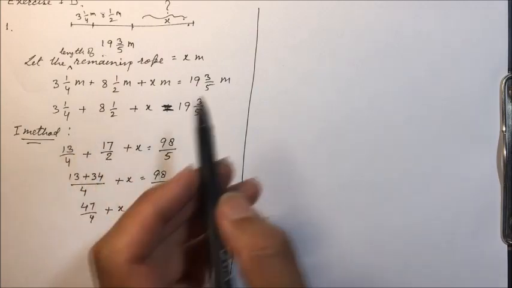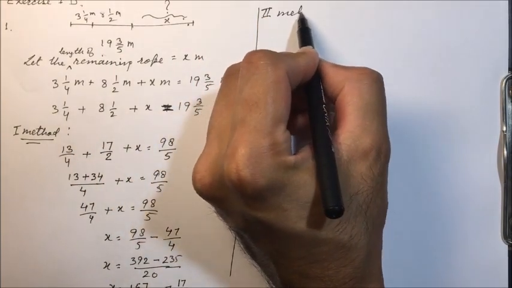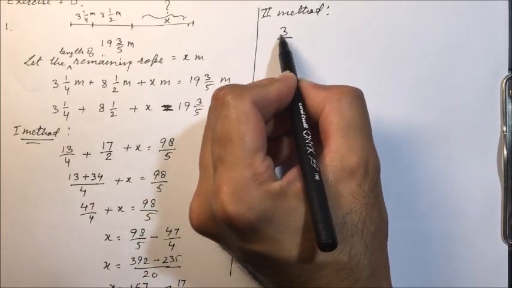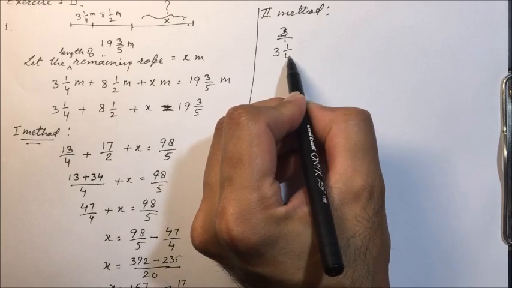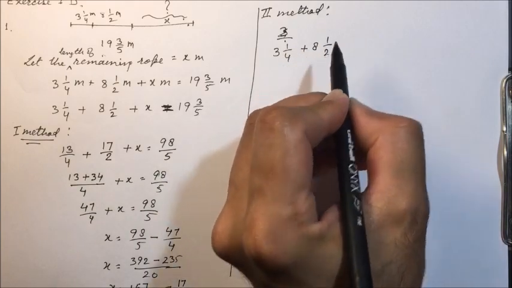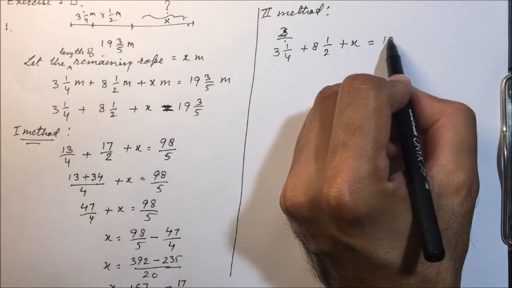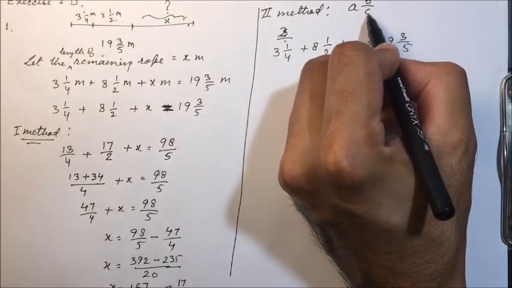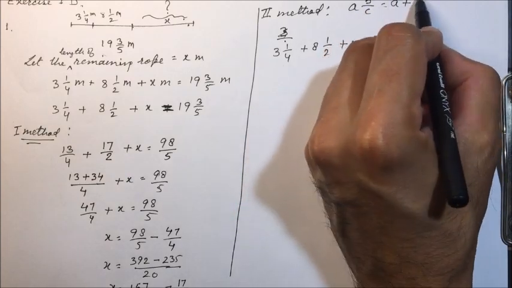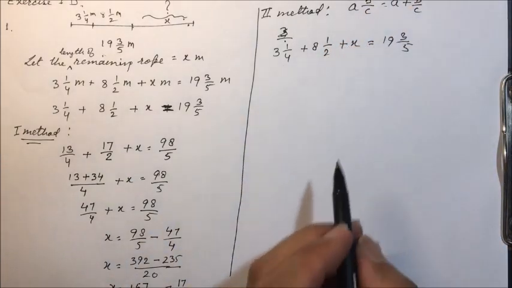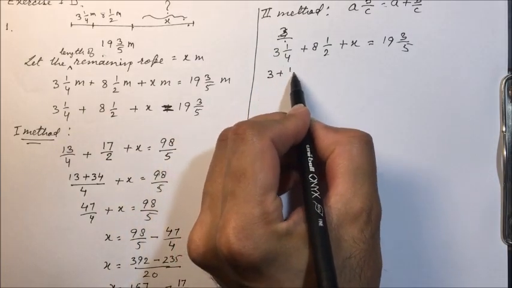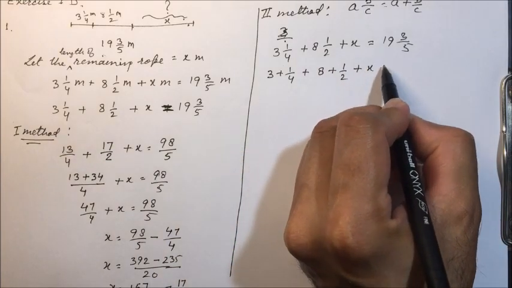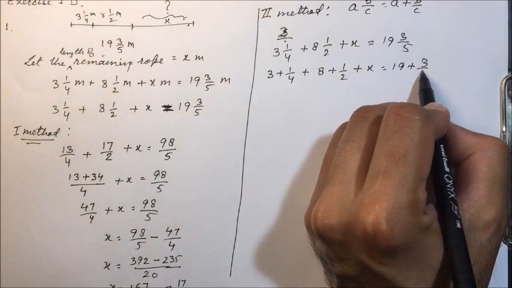Now I'll be solving with the second method. The given expression is 3 1/4 plus 8 1/2 plus x equal to 19 3/5. We have studied in mixed fraction, for example a b/c can be written as a plus b/c. So here we will be writing 3 plus 1/4 plus 8 plus 1/2 plus x equal to 19 plus 3/5.